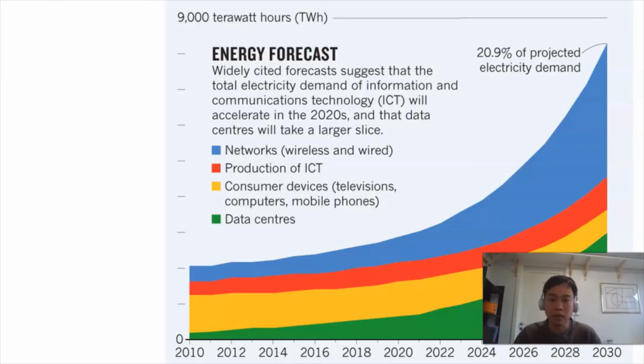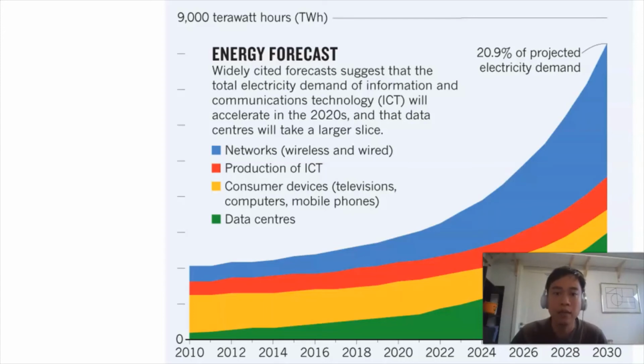So you see quickly here that in the future, network and data center will be a significant part that consumes energy. Whether we can manage and optimize the data center and the network will have a significant impact on how we can keep the ICT or IT sector green and sustainable.